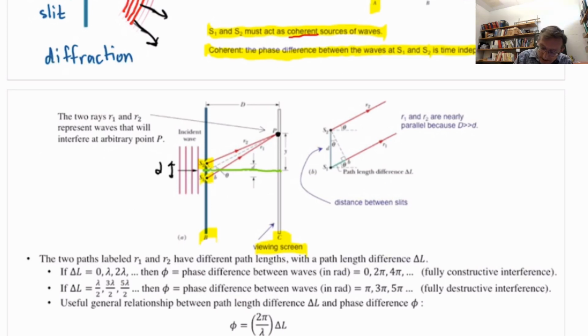Then I'll draw the rays, R1 and R2, from S1 and from S2 to get to point P. And I will take a point at the midpoint between S1 and S2, and I will extend that in a straight line to point P. And the angle that line makes with the horizontal is called theta.